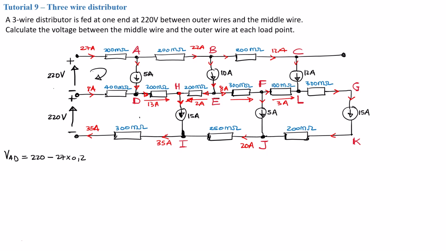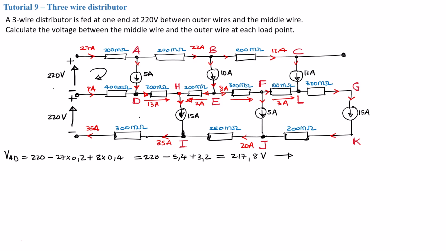Then this current is flowing in the opposite direction, so it's going to be plus 8 times the 400 milliohm resistance, that is 0.4. Then you just have to sum this. It's going to be 220 minus 5.4 plus 3.2, and this is equal to 217.8 volt. So that is the voltage across AD.